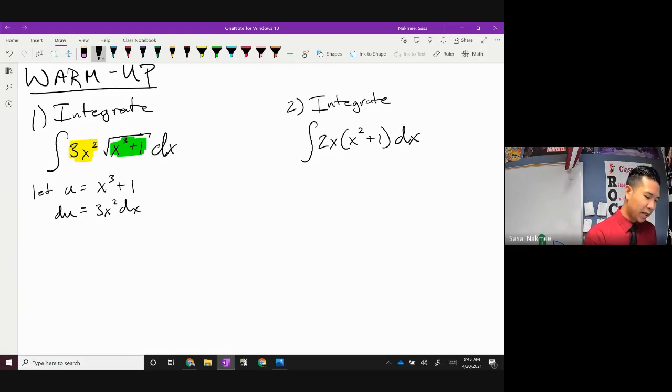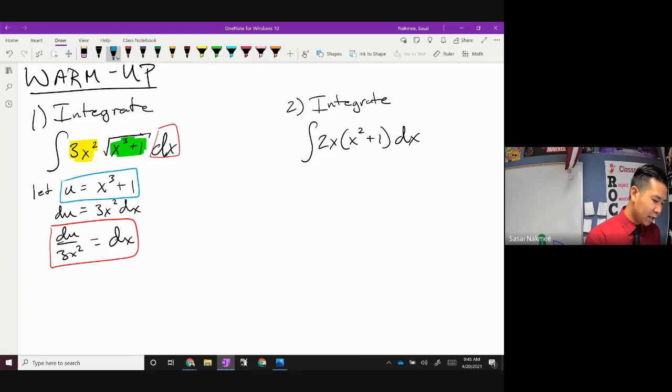So I'm going to go ahead and divide by 3x squared. I end up with du over 3x squared, which is equal to dx. What I'm hoping you will notice is that when I replace the dx with this, and replace the x cubed plus 1 with u, you end up with this problem.